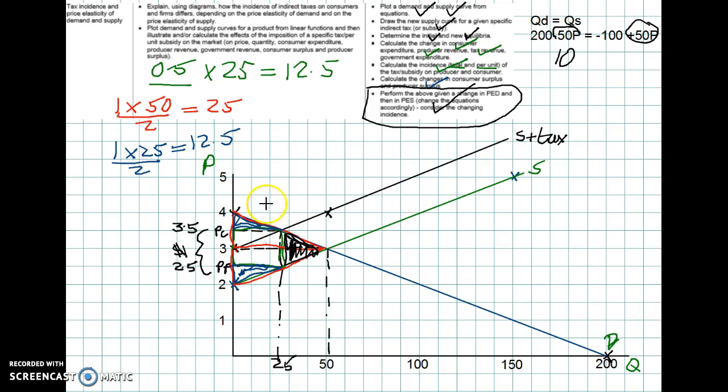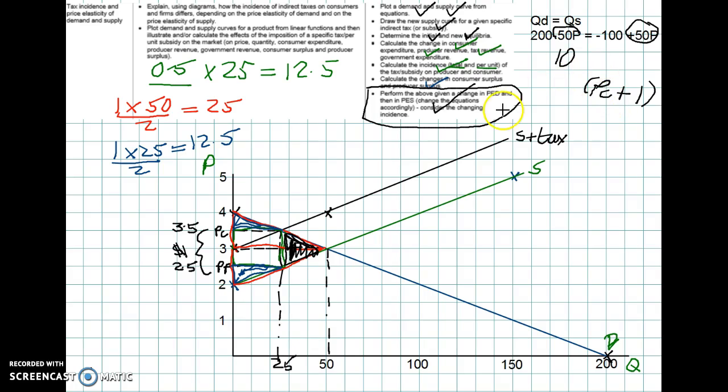For subsidies, all we're going to change is when we were talking about PC being -1. If we had a subsidy of 1 per unit, now that's just going to be a plus sign.